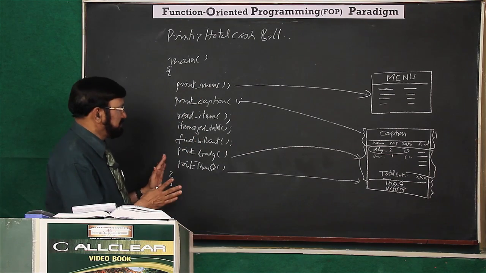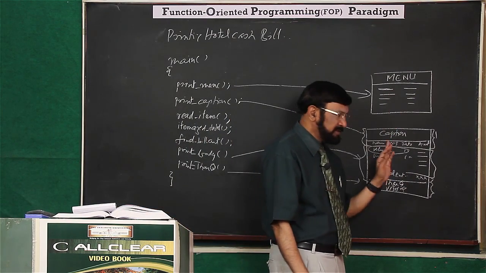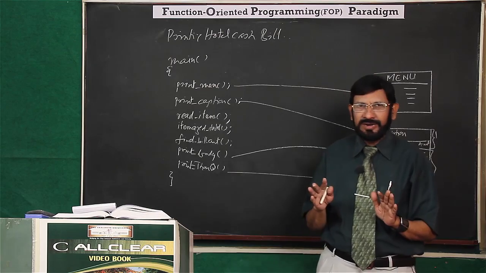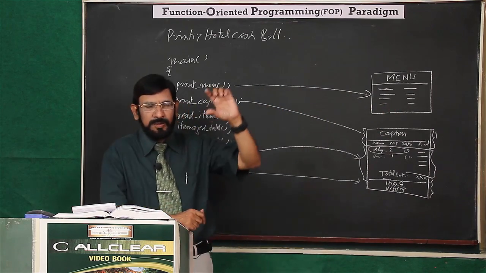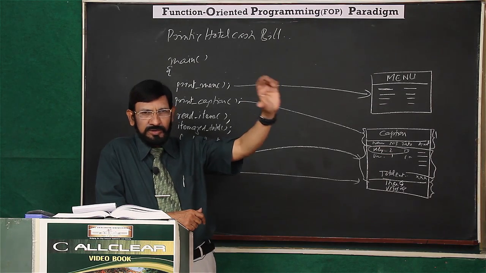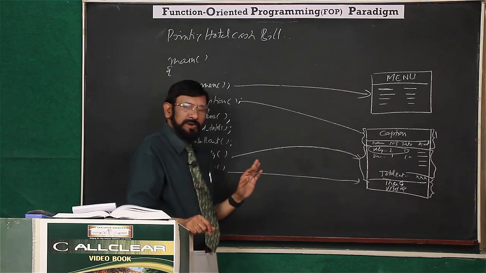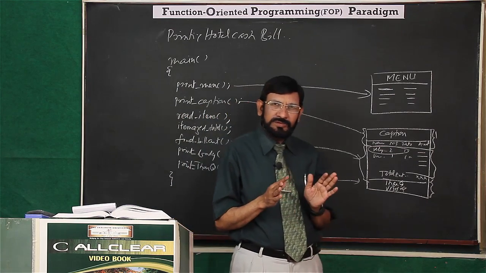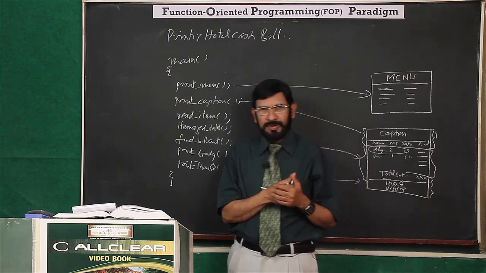And here, if you are able to understand the real spirit of this example, you understand what a top-down modular approach is. Top-down modular approach is used in the designing phase, and function-oriented programming approach is used in the implementation phase.